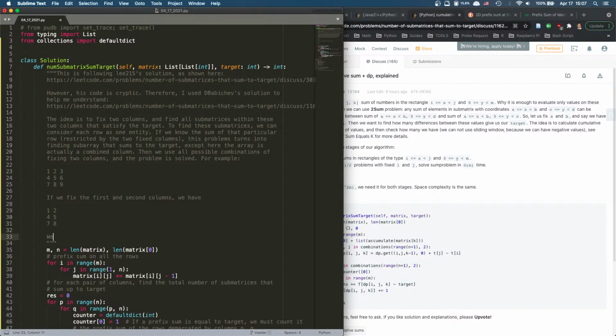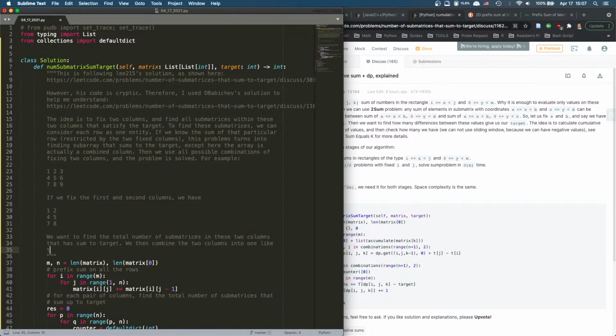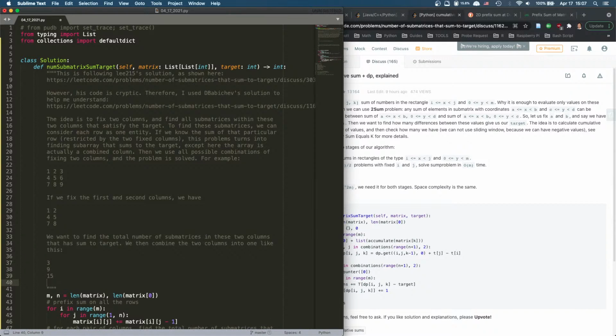We want to find the total number of submatrices in these two columns that sum to target. We then combine the two columns into one, like this: 3, 9, and 15. No, 7 plus 8 is 15.